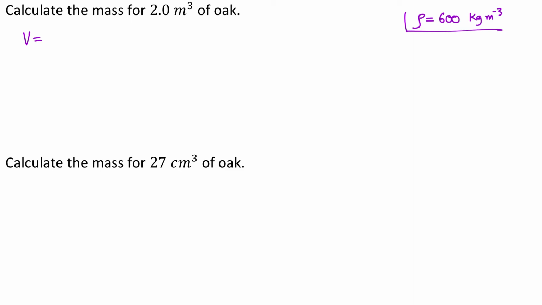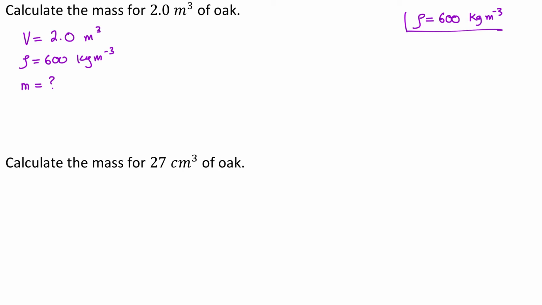So I'm going to write that our volume is 2 meters cubed. Our density again is given as 600 kilograms meters to the -3, or kilograms per meters cubed. You can write it like that as well. And mass here is the question mark. We're trying to figure out what that mass value is.